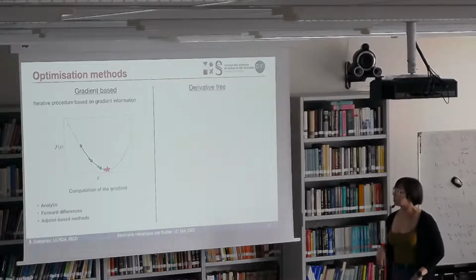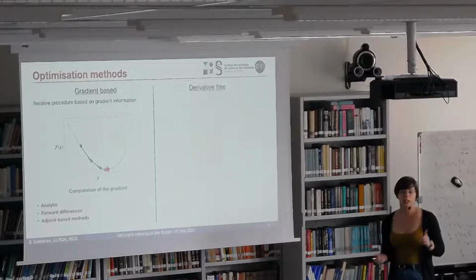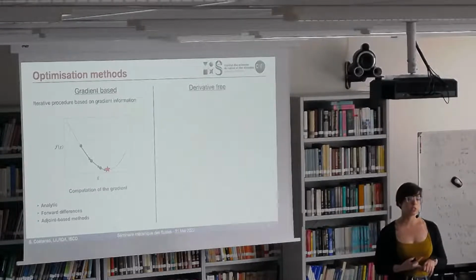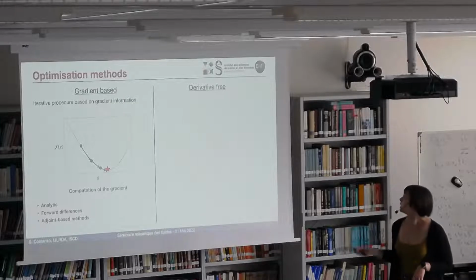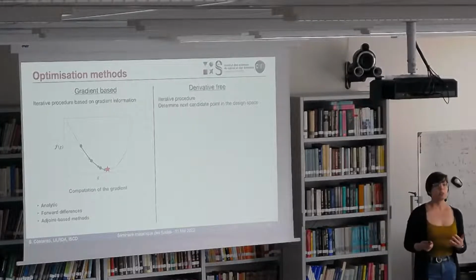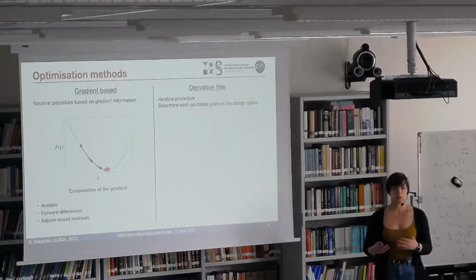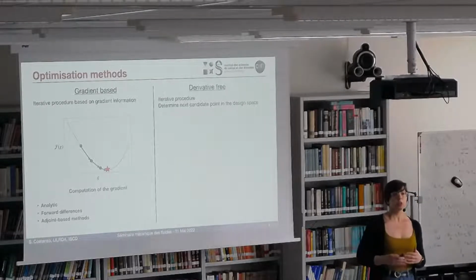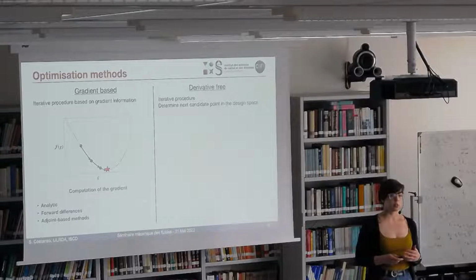The computation of the gradient can be done analytically, with forward differences, or using adjoint methods. For derivative-free methods, we still have an iterative procedure, but in this case we want to determine the next candidate points for the optimum without having any information on the gradient.